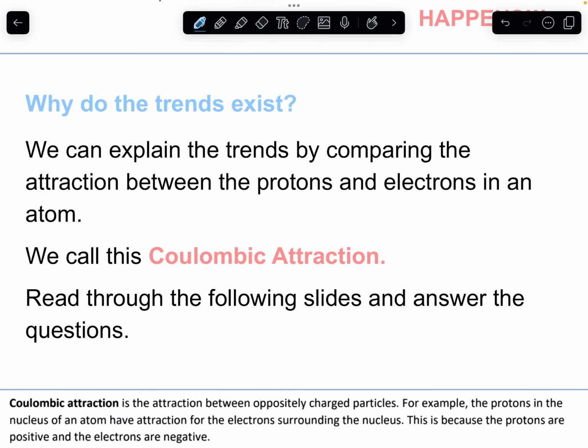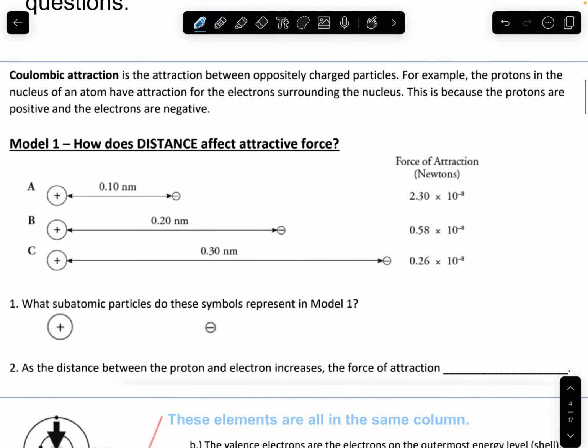Hey everyone, so we're just going to quickly recap a little bit about periodic trends and why they exist or how they occur. So, just a quick review to hit the high points of this Coulombic attraction concept. The main thing that we want to take away is, first, how the distance affects the attraction.